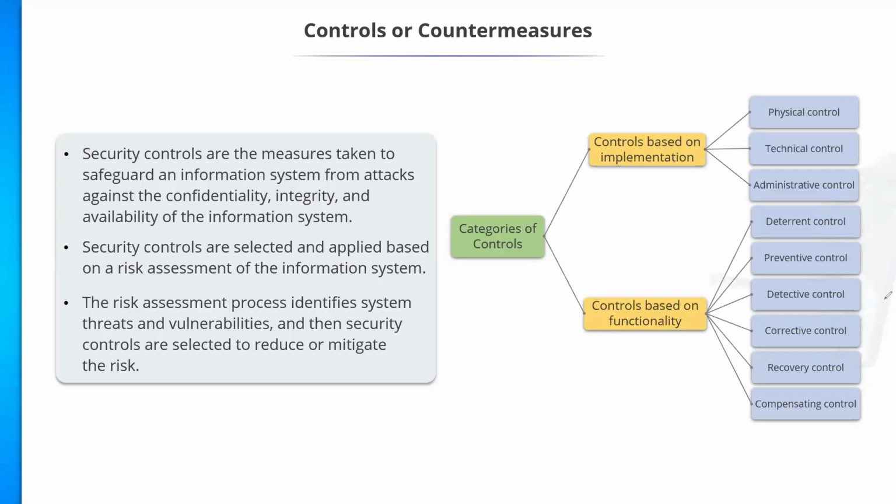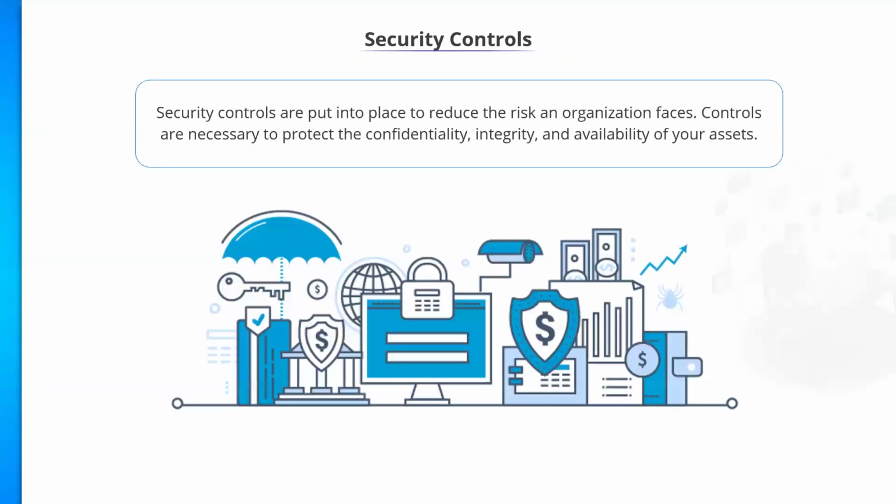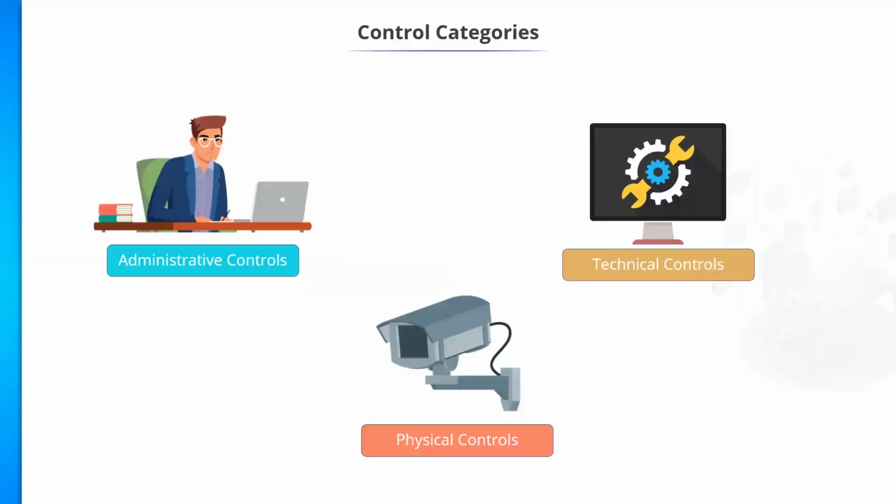I will cover all that, don't worry. Controls are put into place to reduce the risk the organization faces. They are used to protect the confidentiality, integrity, and availability of your assets. So the first category of control is how they are implemented: administrative, technical, and physical.